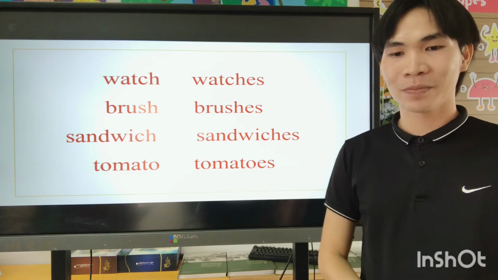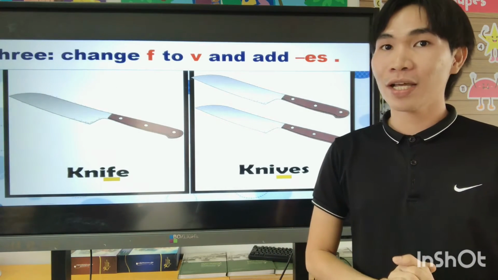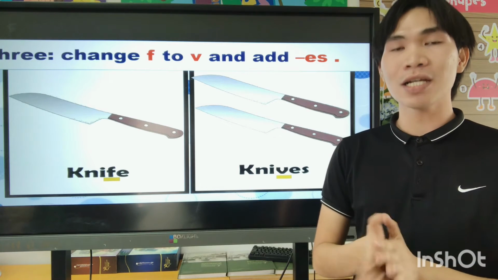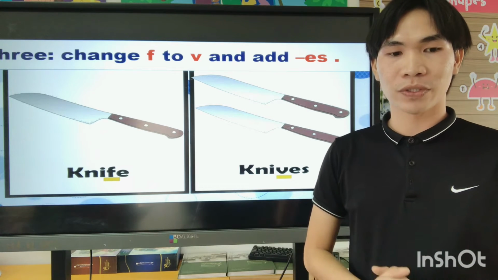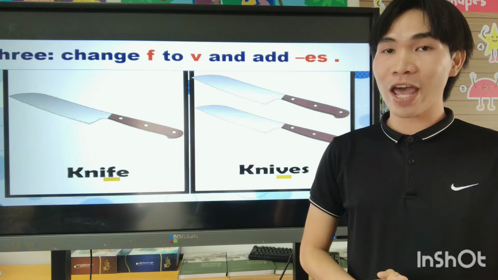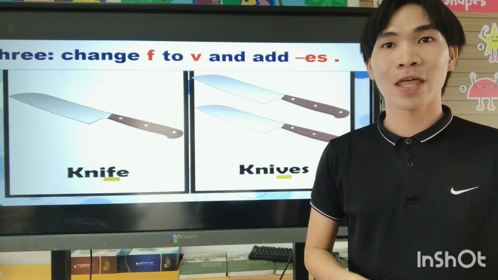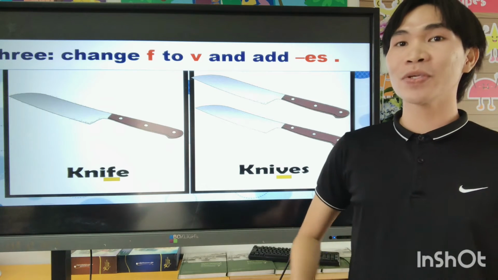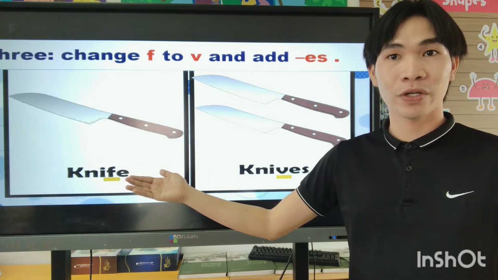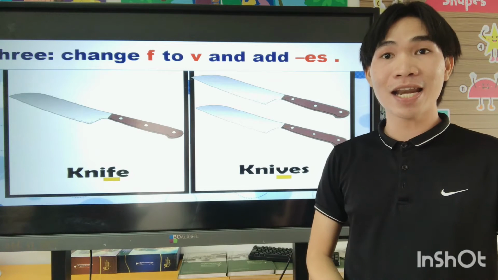Now this time, let's proceed to the 3rd rule in pluralization of nouns, which is change F to V and add ES. We also have an example, which is knife. The spelling of knife is K-N-I-F-E.